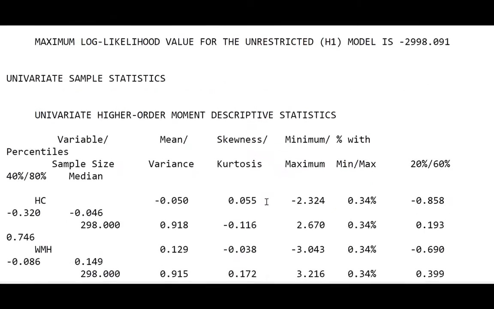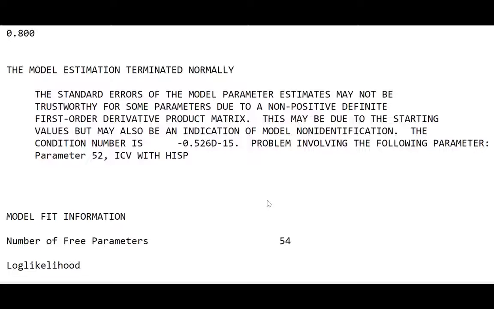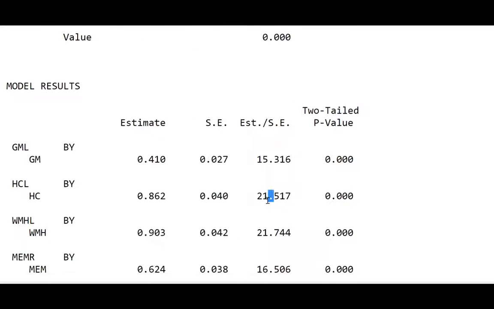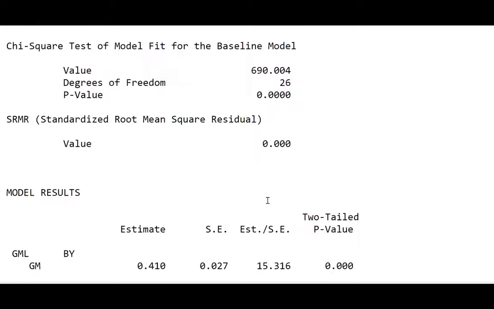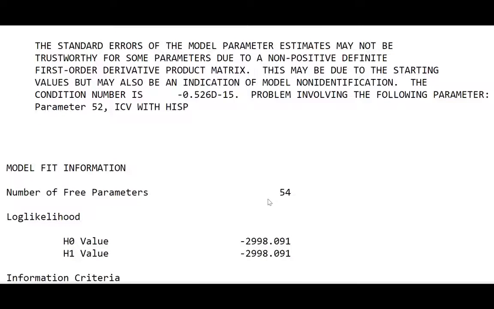So this is all nice, and the question is, what's this going to do when you run this model? Let's take a look. So we get something where Mplus is saying that it's not happy.